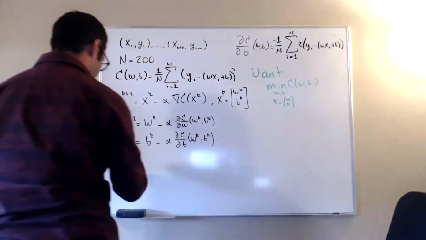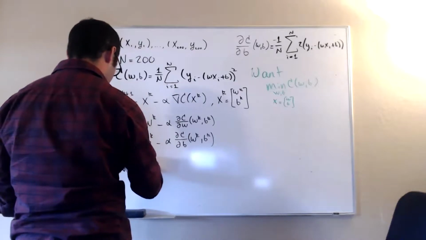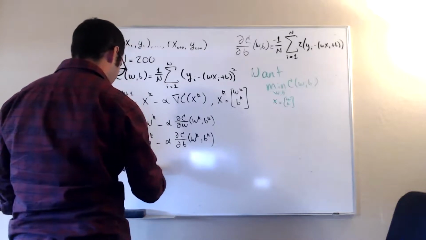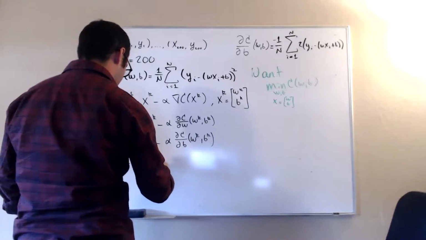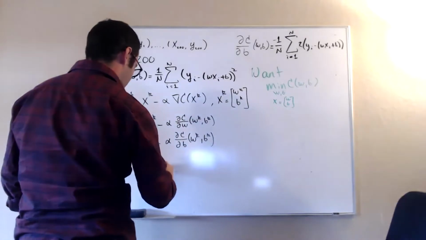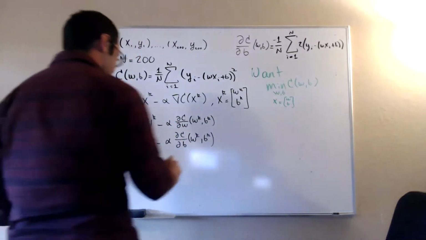So what does this look like now? Well, w_(k+1) is going to be equal to w_k minus alpha times that partial.